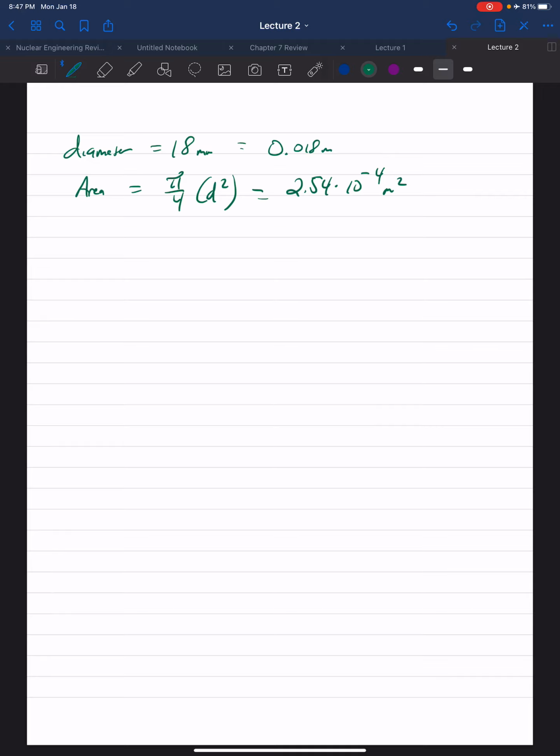So the average shear stress at B and C are equal. We said it's VB/C over the area. We said our VB or VC is 20.83 kilonewtons.